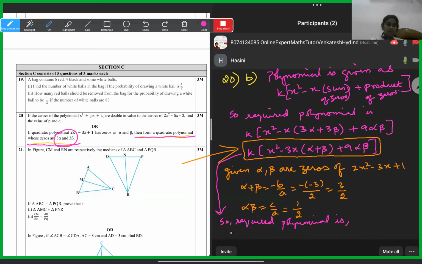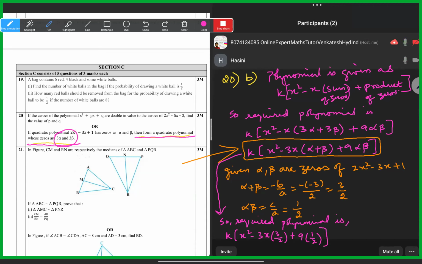So k into x square minus 3x into 3 by 2, plus 9 into 1 by 2. Now let us simplify it: k into x square minus 3x into 3, which is 9x by 2, plus 9 by 2.